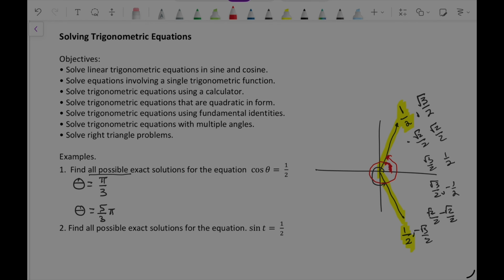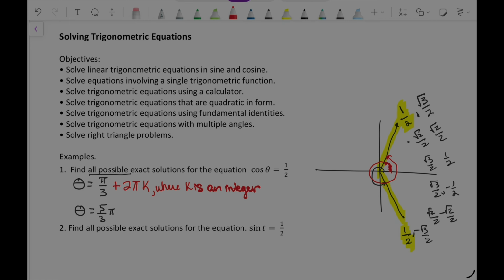So any full cycle later would also land you at that spot. We're going to put a k behind here, and we're going to say where k is an integer.